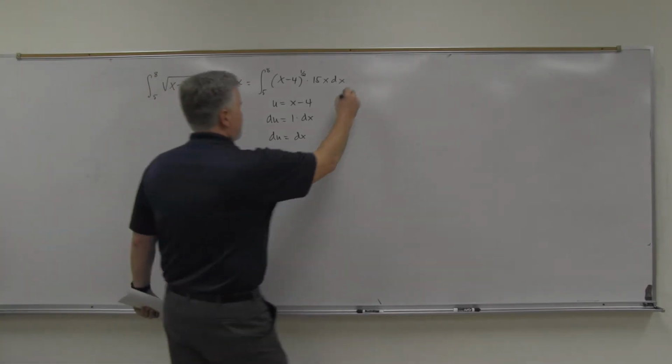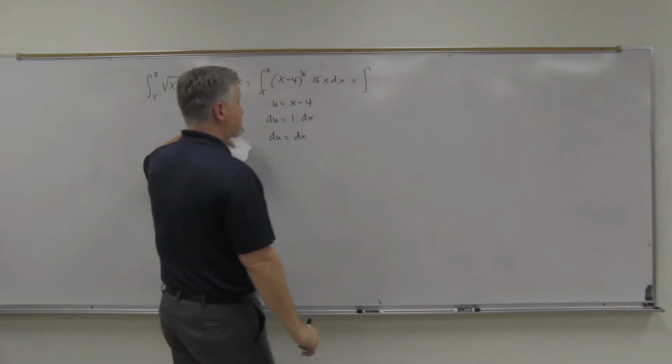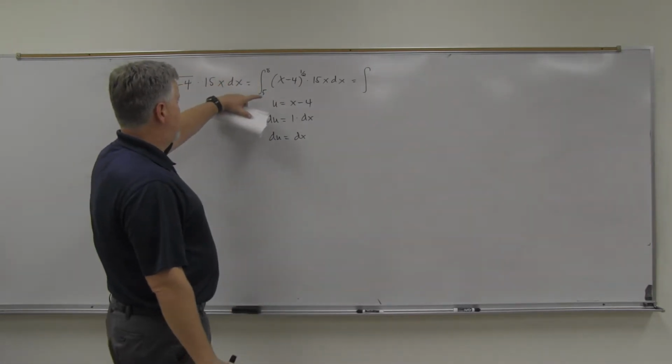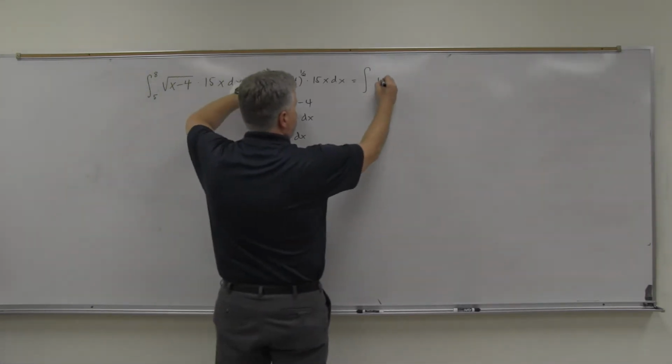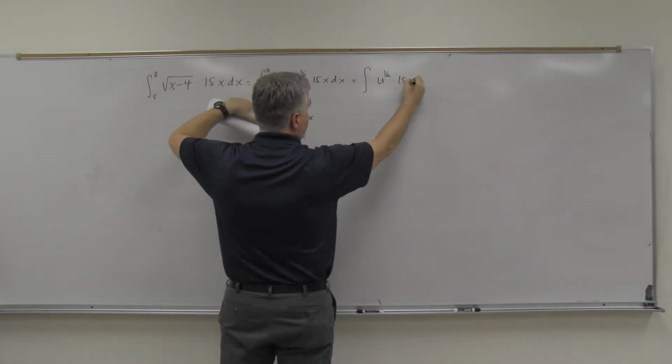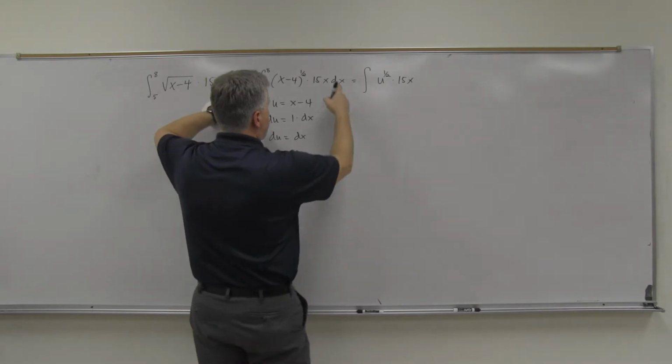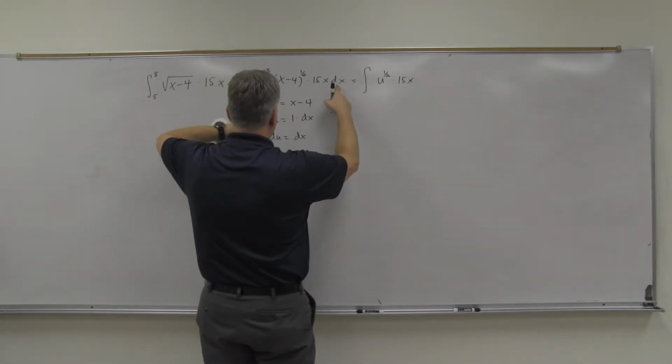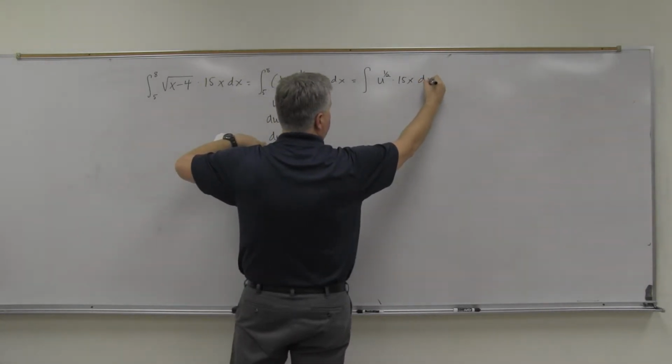All right, let's see what that makes this. So the x minus 4 is the u, so that'd be u to the 1/2. 15x, I didn't do anything with that yet. And then du is dx, so here's what I've got.